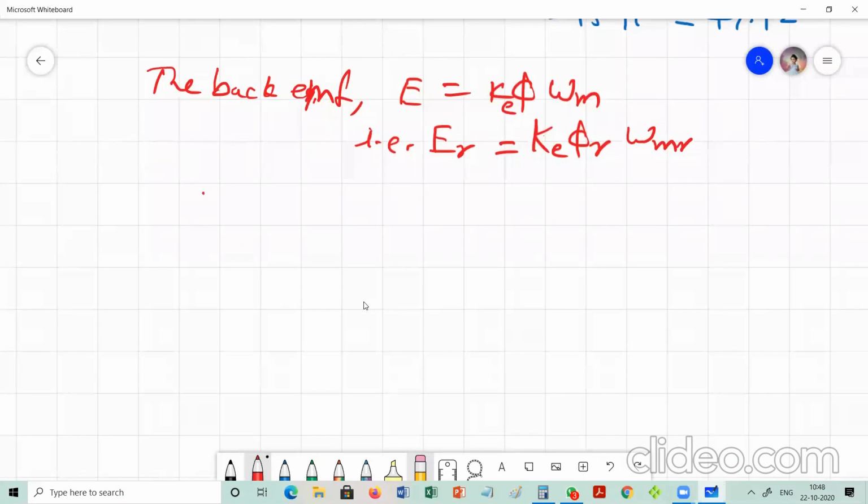For a separately excited DC motor, phi is constant.